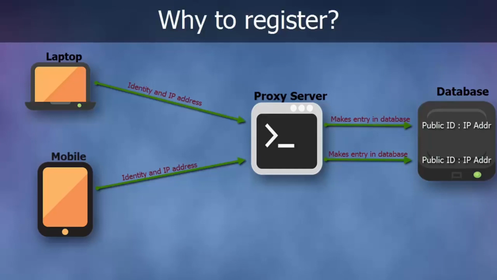So whenever there is an incoming message, the SIP proxy takes the identity of the client from the SIP message and then refers to its database. From its database, it checks what is the actual IP address of the client. Then the SIP proxy forwards this message to the SIP client. So this is the purpose of registration.